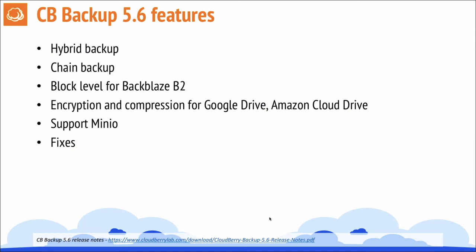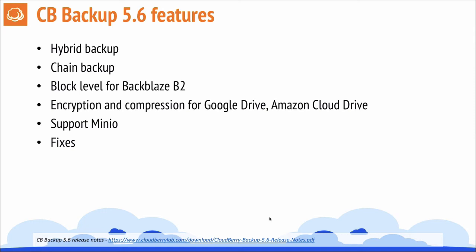It's pretty good. Backblaze, no one selected Backblaze. However, block level backup has been introduced for Backblaze. So now it's better to back up incremental backups, because there is no need to offload full backups again on the following run. Encryption and compression. These were key features, and we heard them quite frequently from our customers.